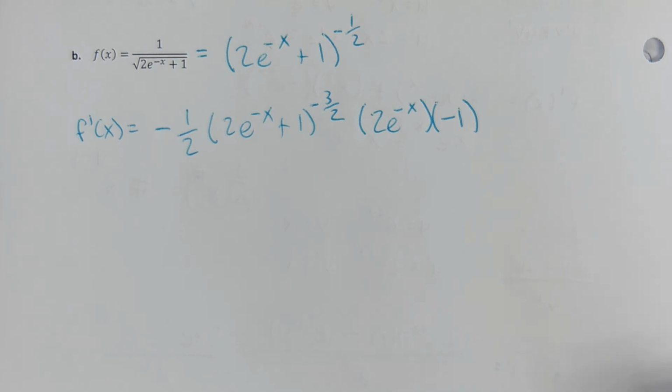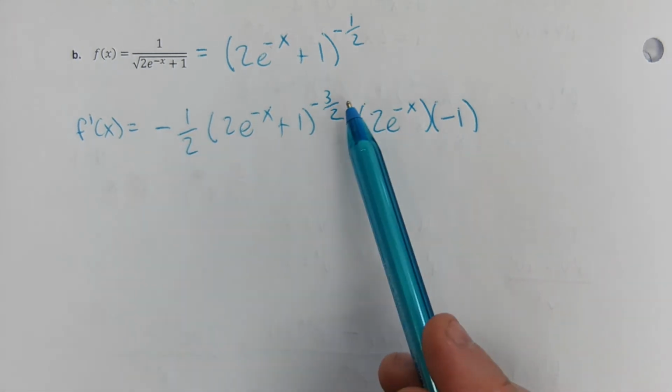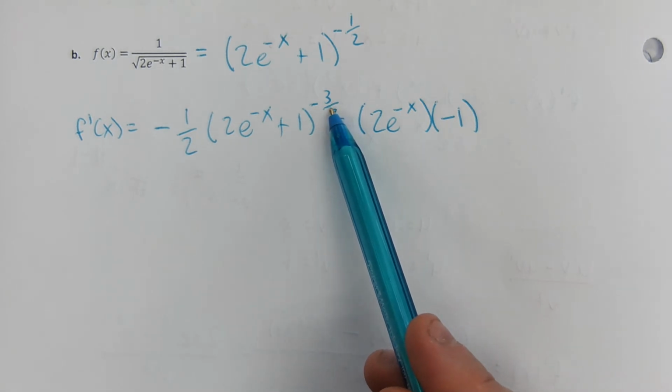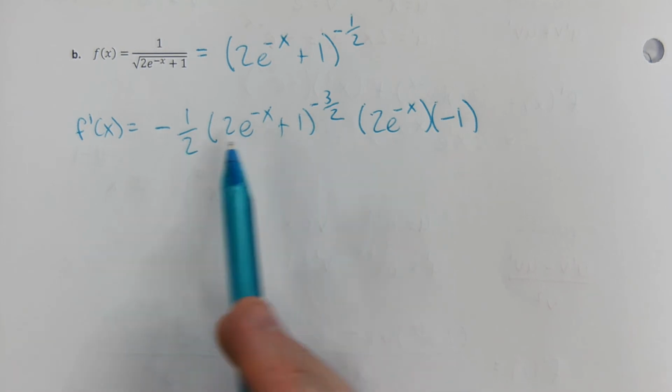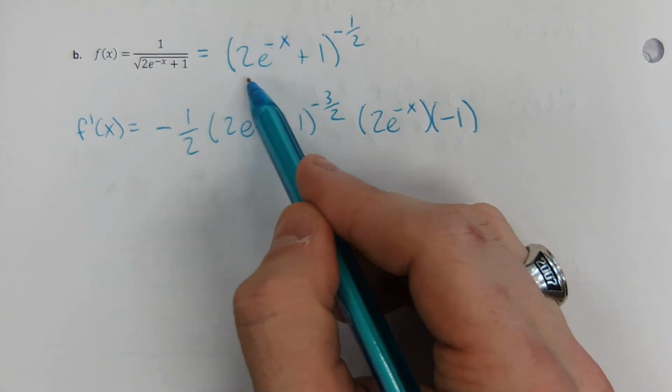The reason why is because the derivative of the exponent was not 1. Anytime the derivative of an e's exponent is not 1, you have to do the chain rule. So again, the negative 1/2 and the negative 3/2 was the derivative of the outside. Then we had to tackle the derivative of the inside. And so you just forget that you've done stuff for a minute. You're going to talk about the derivative of this.